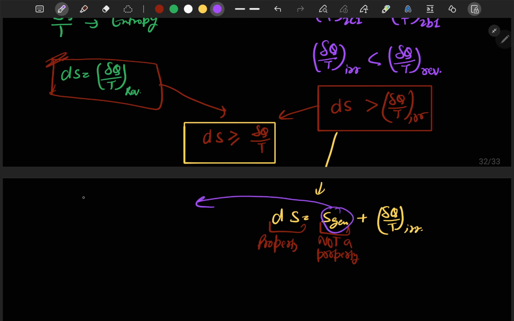It represents the degradation of energy. So henceforth our second law of thermodynamics is also known as the law of degradation of energy, because due to the presence of irreversibility our energy is degraded.